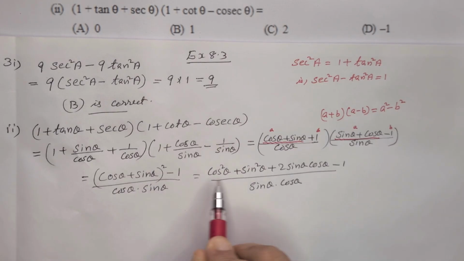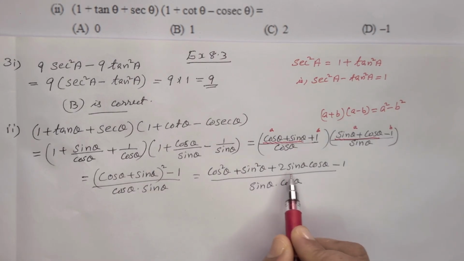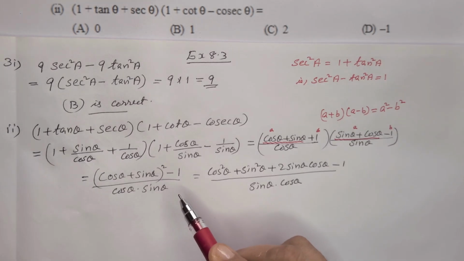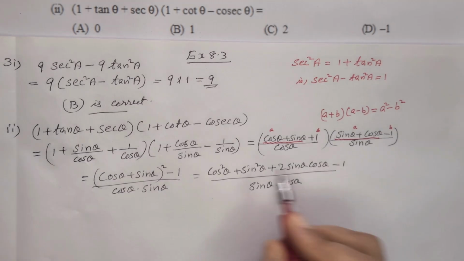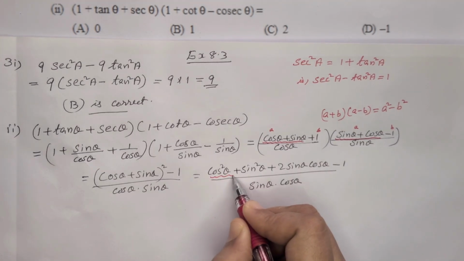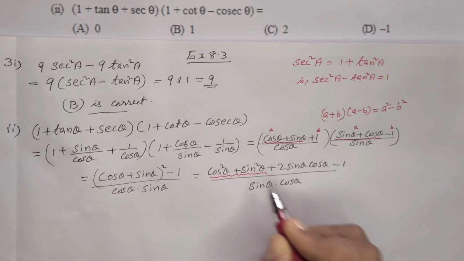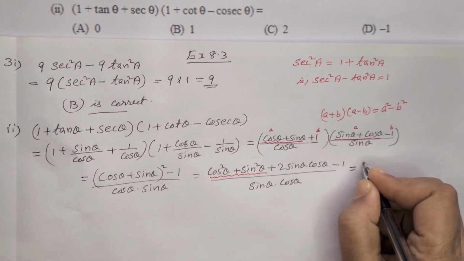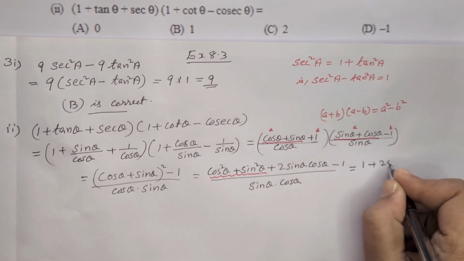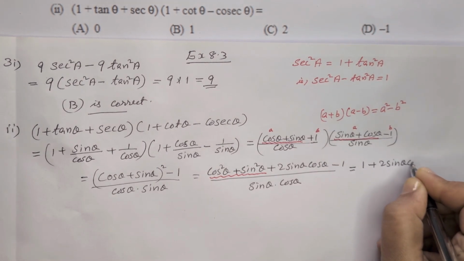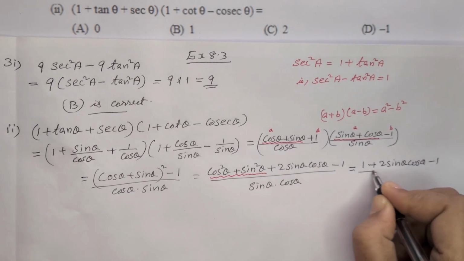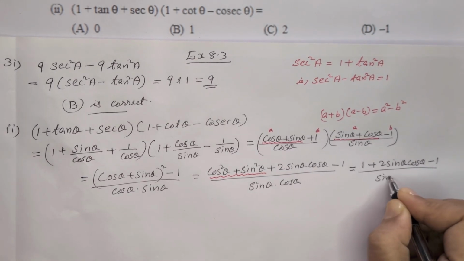Then when we are opening, it comes cos square theta plus sin square theta plus 2ab, using the a plus b whole square identity. Now again cos square theta plus sin square theta we know is equal to 1. So we can rewrite this as 1 plus 2 sin theta cos theta minus 1, divided by sin theta cos theta.